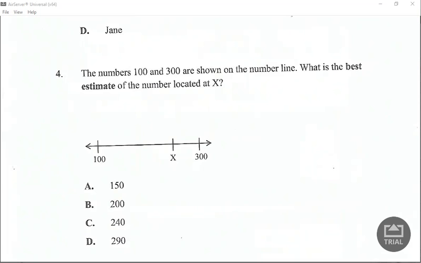About here would be half, so here would be about 200, halfway between these two. So it's about 240. It won't be 290 because it's not that close.